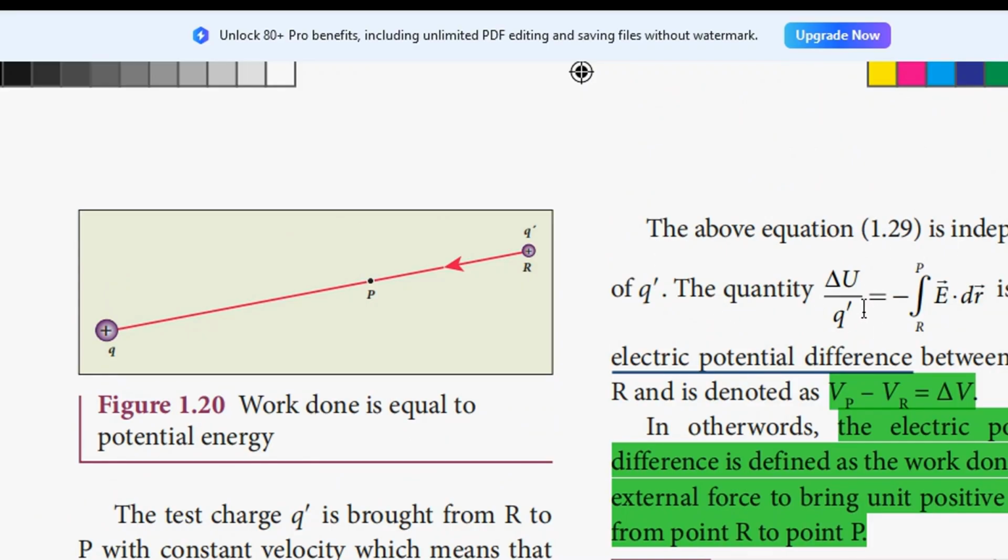So the quantity delta U by Q dash is given by minus integral R to P E dot dr, and that is called the electric potential difference between P and R, and is denoted as Vp minus Vr equal to delta V.